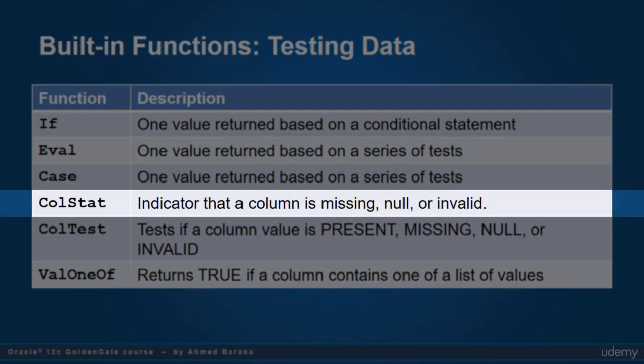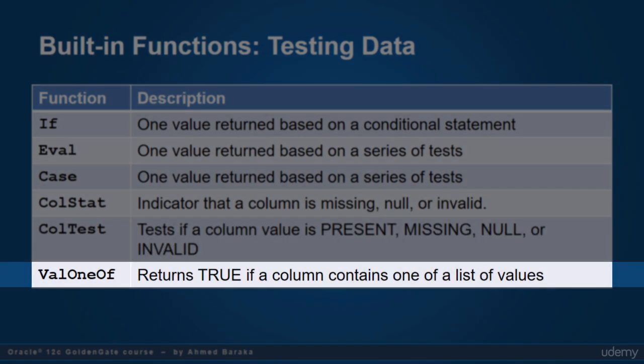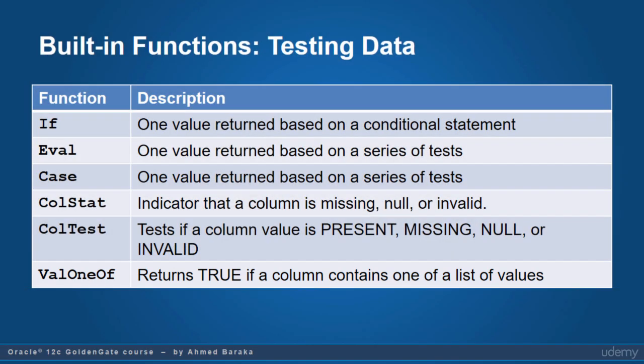CallStat is an indicator of one of the values, null, missing, or invalid. CallTest function is used to test if a column is present, missing, null, or invalid. Val1of function returns true if the given column value contains one of the values in the given list. We will look at examples of using those functions.